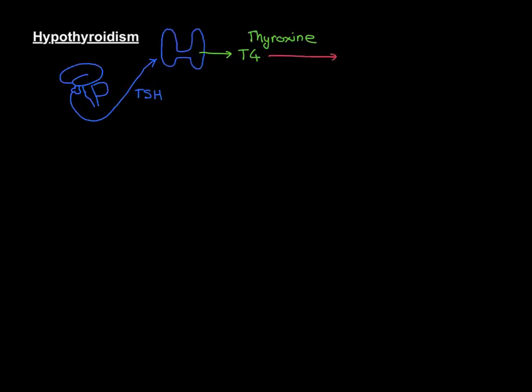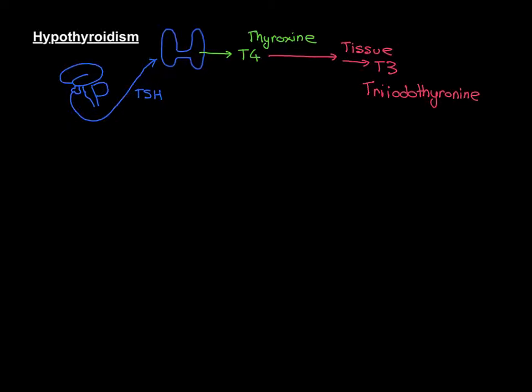So once it actually reaches the tissue, it's then converted into T3, which is the active thyroid hormone. And remember, the full name for T3 is triiodothyronine. And then triiodothyronine, T3, will bind to a receptor inside the target cell and will then alter gene expression in that cell.